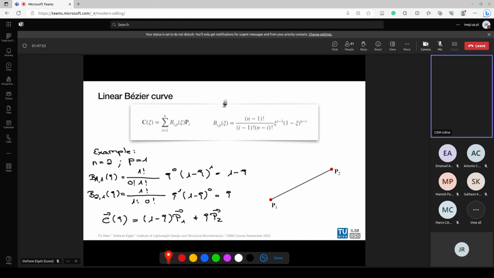And notice that in this case, I've not specified it, but it's implied that we're in an XY coordinate system for our curve. And this is why we have vector values for the curve and also for the control points. But the local parameter psi, that's a scalar.